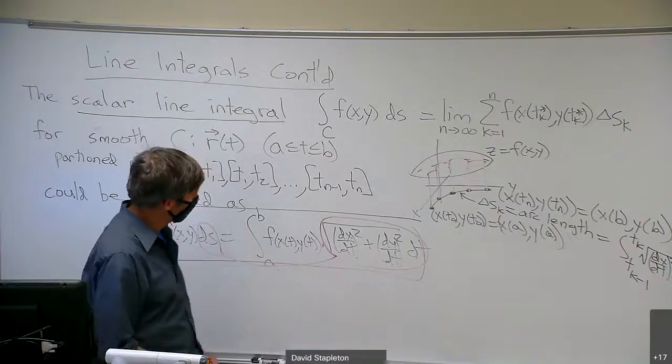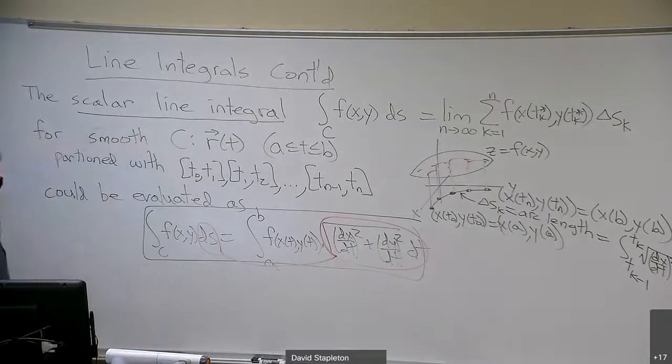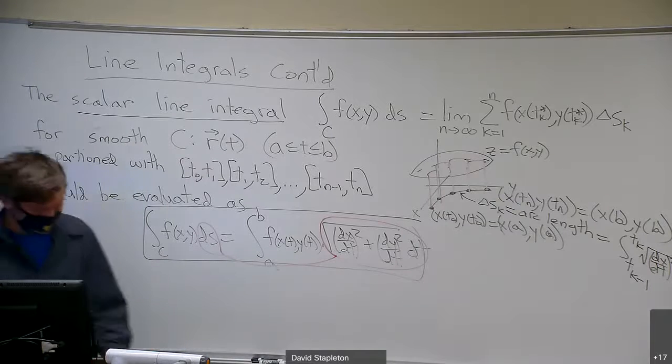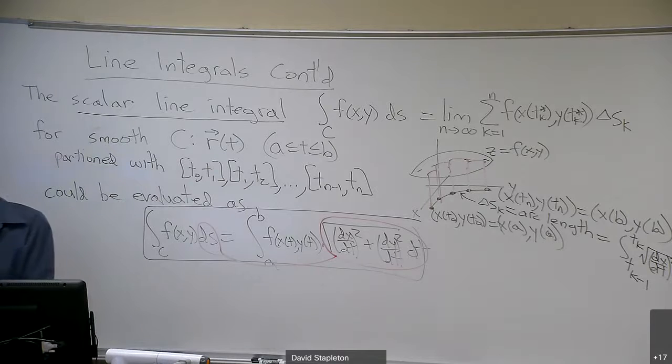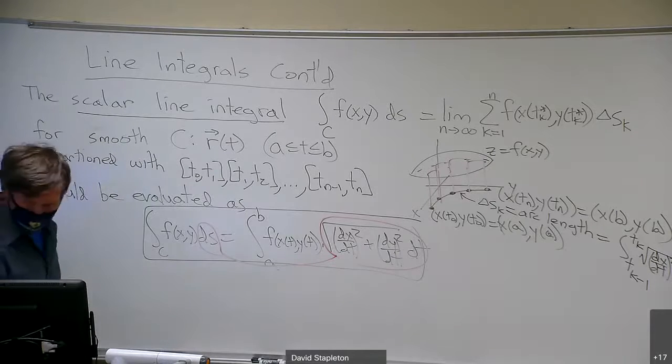Derivative times dt is that, so that's ds. So that was the scalar line integral. I'm just going to set this up. And there were some problems we could do with that.